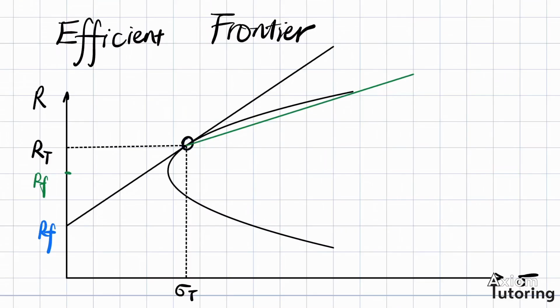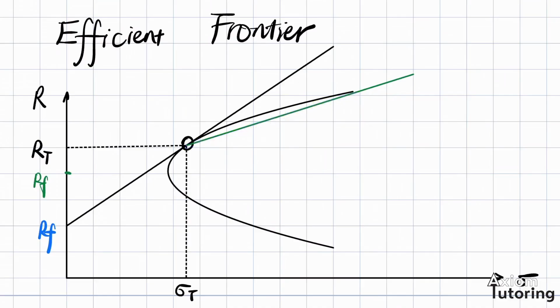So what are going to be the final allocations? If you're a saver, nothing would change. You will still end up at some point on this section of the straight line. But if you're now borrowing, something different would happen. Take a look at this section of the green line.